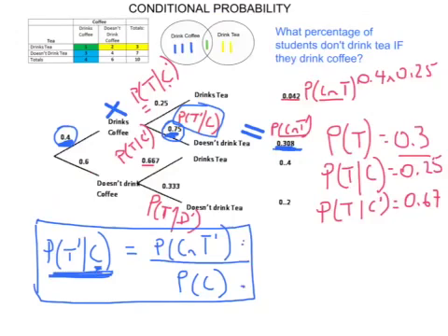Now this is all in notation which you need to be a little bit familiar with if you're going to use this equation to work it out. You don't have to use the equation. There's other logical ways of working it out from the tree and so on. But let's just go with this.